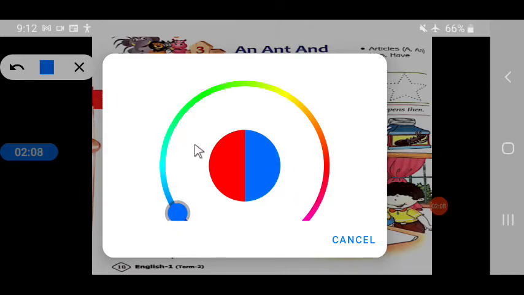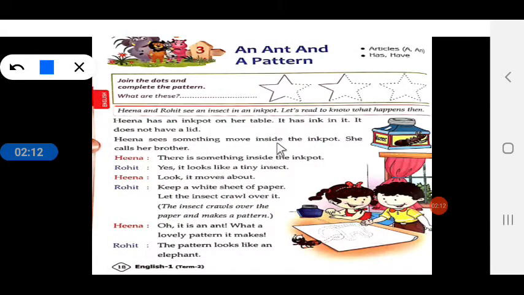I selected blue, dark blue. So lesson number 3, An Ant and a Pattern. Before I start this lesson, let us complete the pre-activity which is given on page number 18. So students, get ready with the pencil.